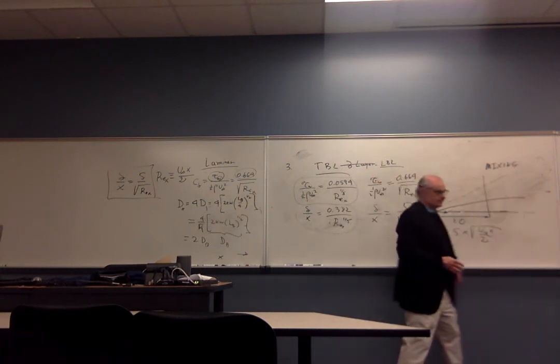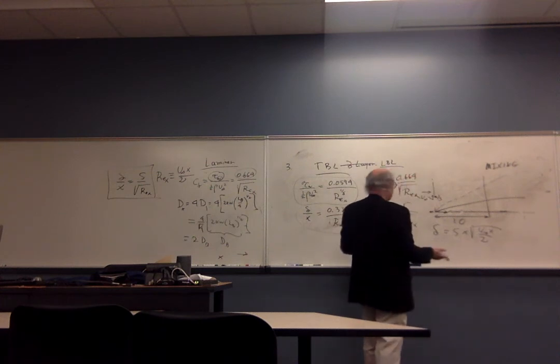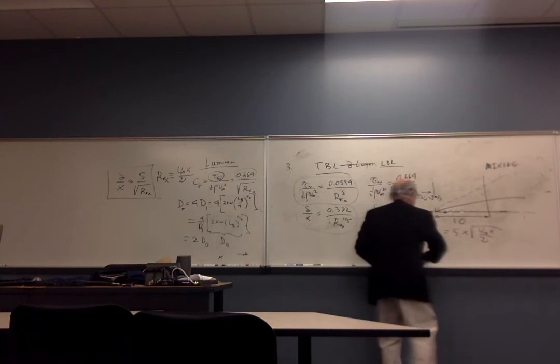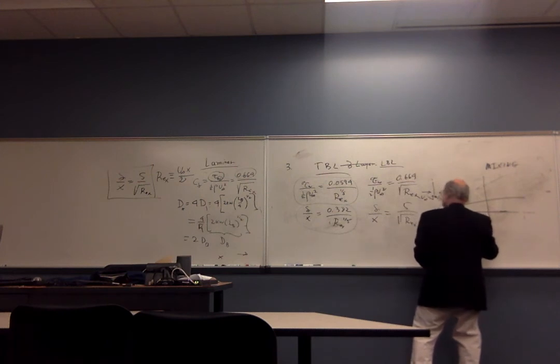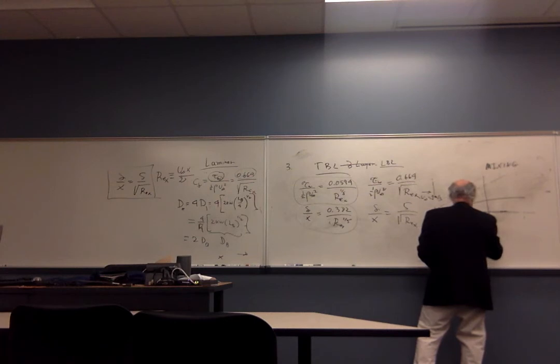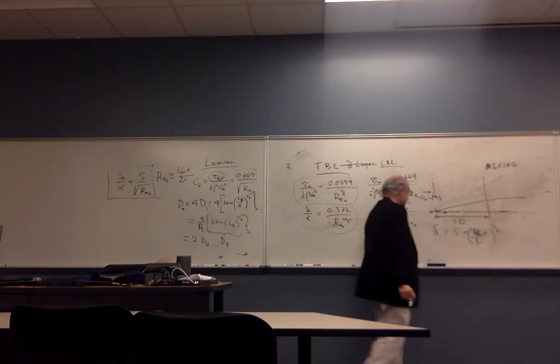Okay, get that right. 5 times... no, what did I do? It's x times u infinity x over nu to the minus 1/2, right?